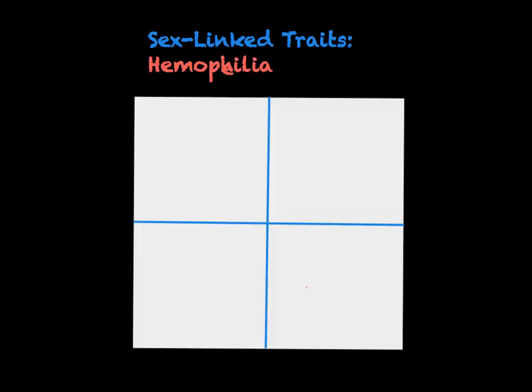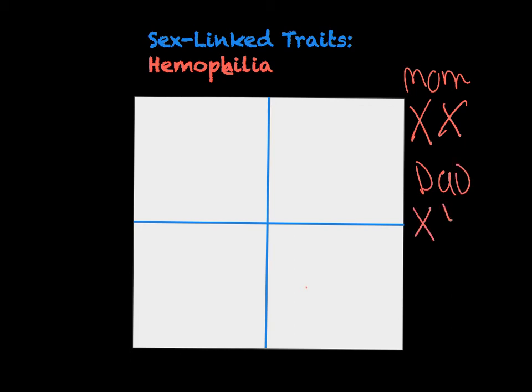Finally, we're going to go over sex-linked traits. Sex-linked traits are a trait associated with a gene that is carried only by the male or female parent. So a female is expressed by 2 X chromosomes. So this is your mom. And then a dad is expressed by 1 X and 1 Y chromosome.